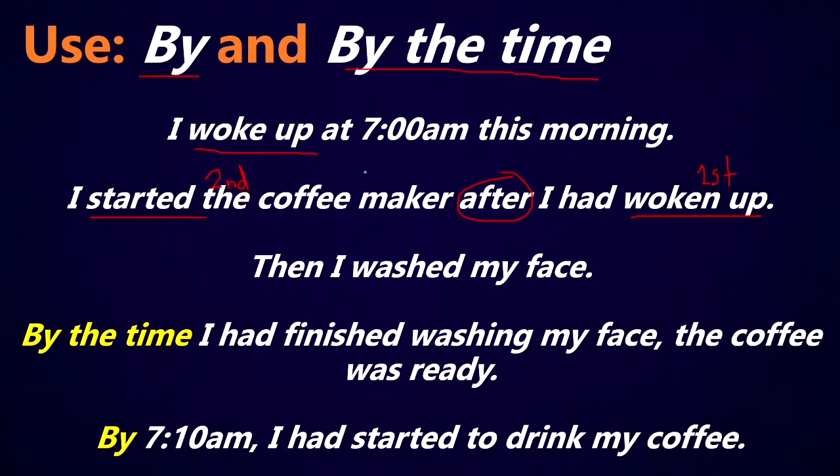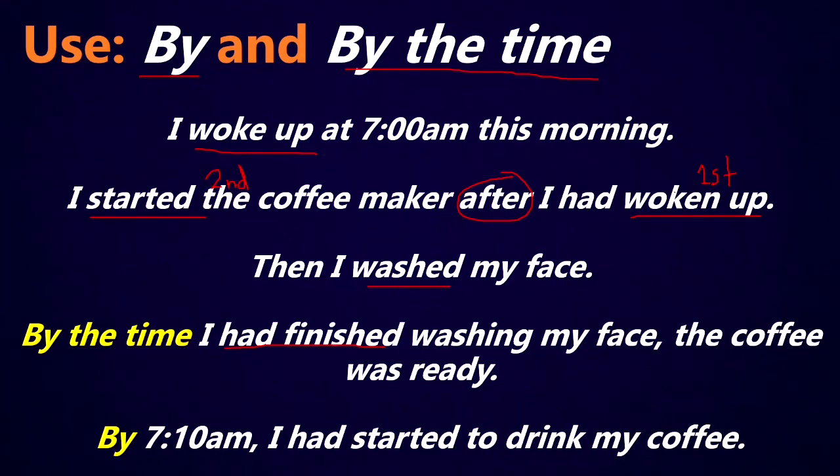So if I'm looking at my morning, I woke up, I started the coffee maker, and then what? Then I washed my face. That's past simple, because there's only one action in the sentence. By the time I had finished washing my face, the coffee maker was ready. So here we're using this expression, by the time, with the past perfect. I had finished washing my face.